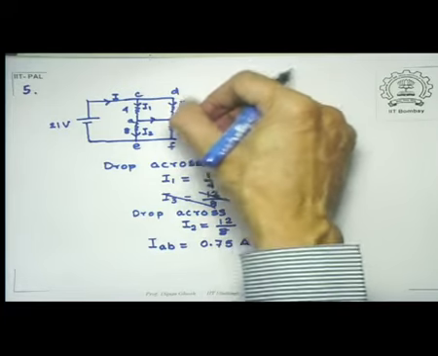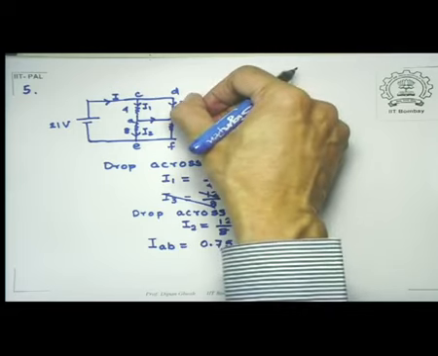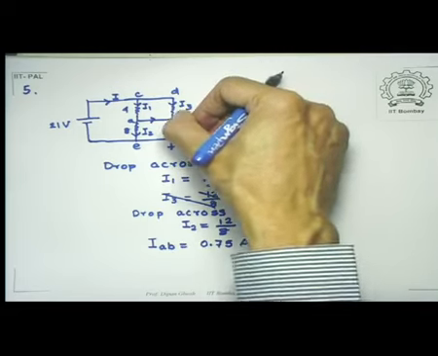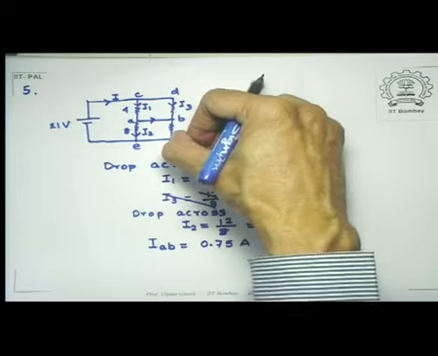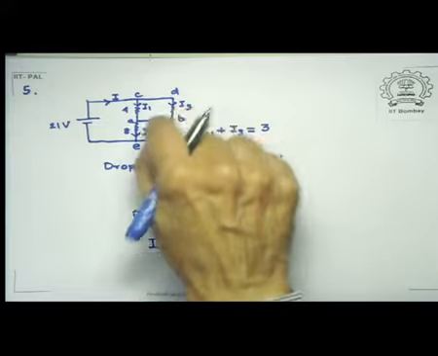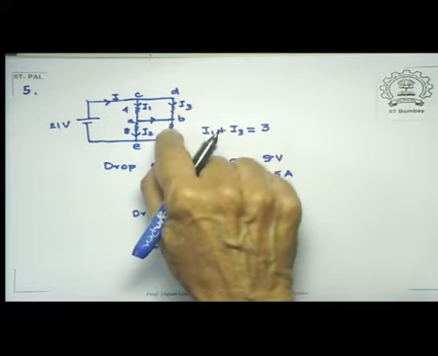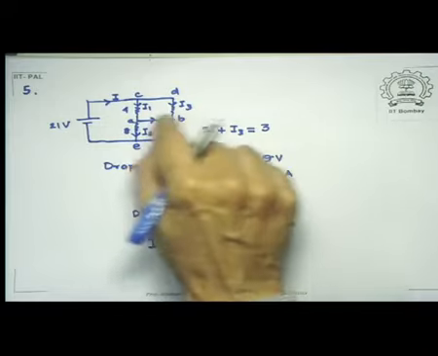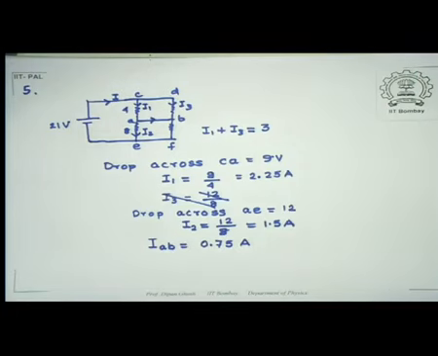You can find out how much is the current here, and then similarly you can find out how much is the current there, and you will find that the result would be the same: this minus this would be the amount of current that is flowing into the section at AB. So this gives you an example of how to calculate things in which we have parallel and series circuits.